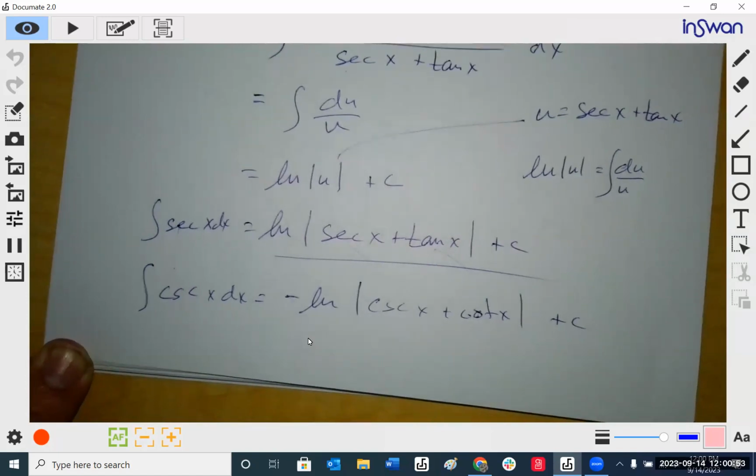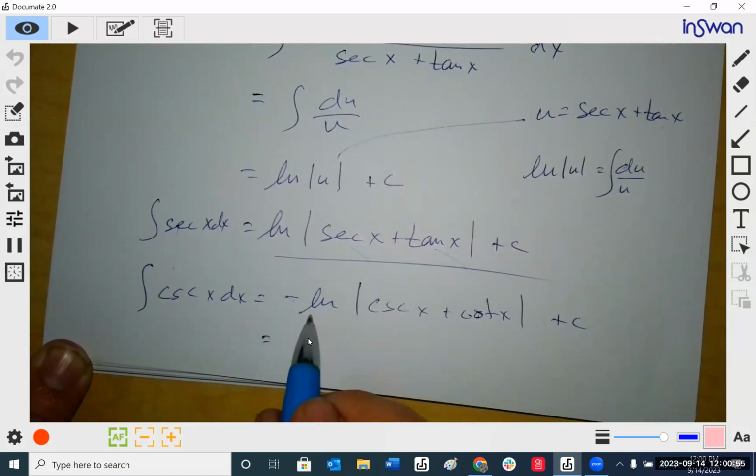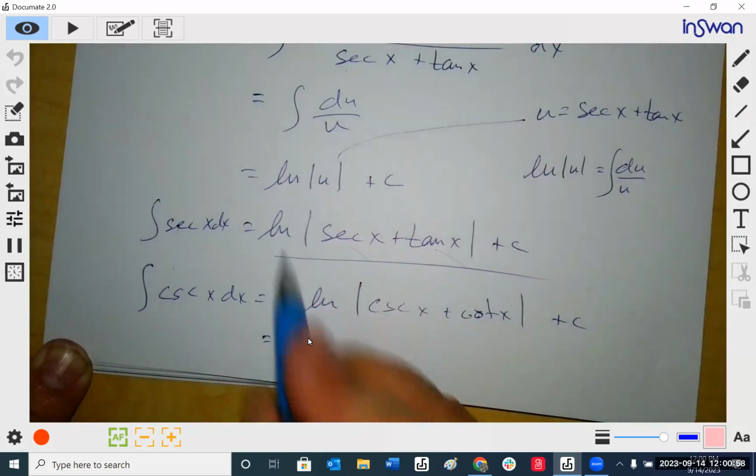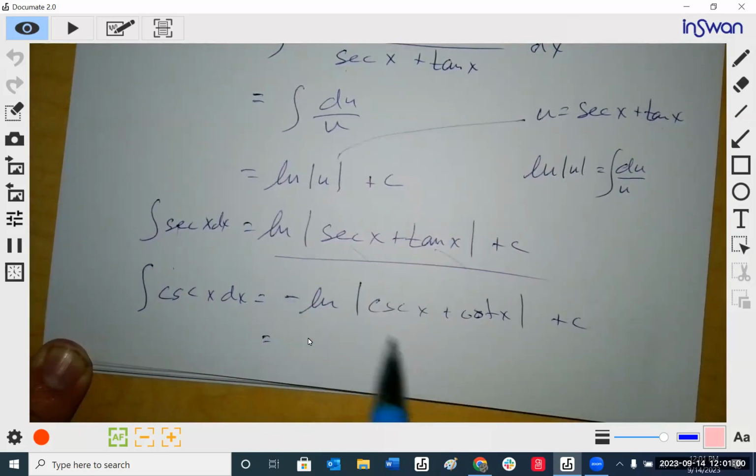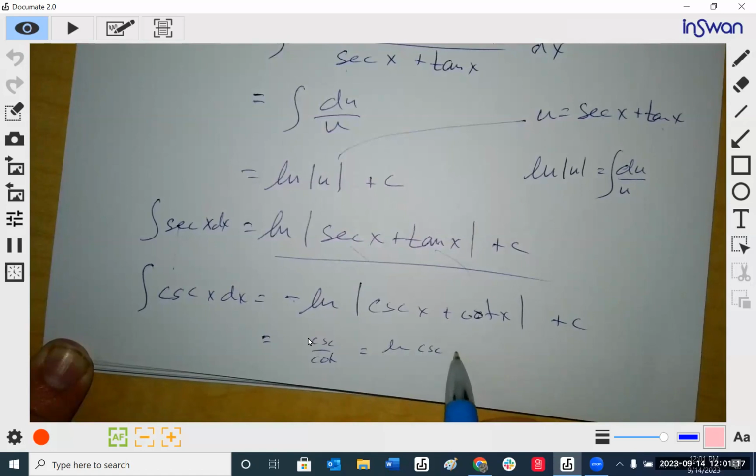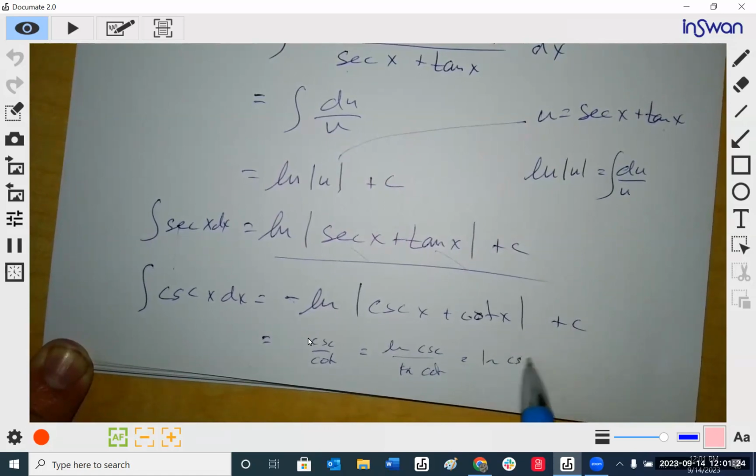Because that would make it, let's see. I always learned just the opposites of those, positives and negatives. So this would make it negative, which would make it cosecant over cotangent, which is, oh yeah, it would work.